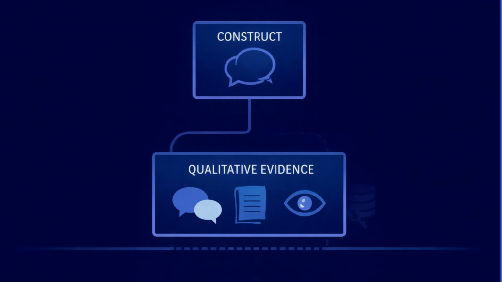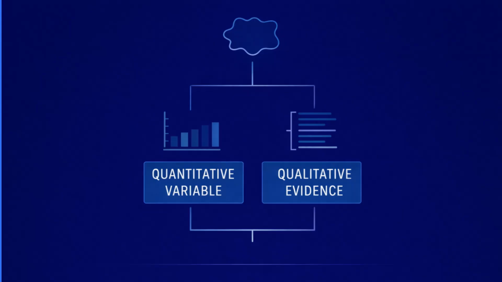In qualitative studies, operationalization is more flexible, but researchers still define what kinds of evidence relate to a construct and make those decisions transparent. In mixed method studies, operationalization happens across strands, with both quantitative variables and qualitative evidence anchored to the same construct definitions.